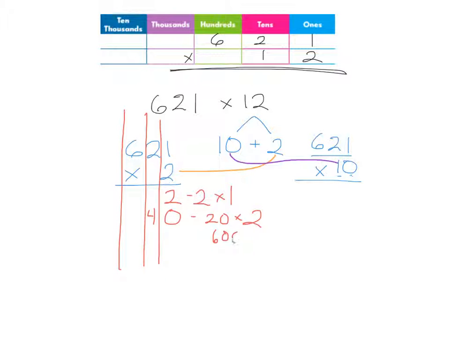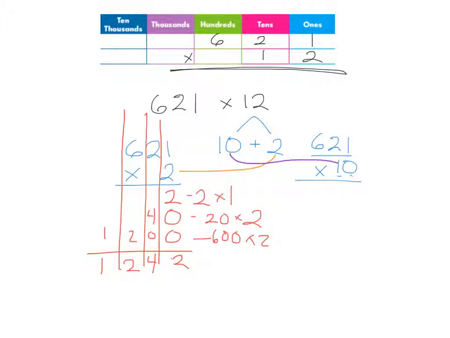We have 600 times 2 is 1,200. And then we'll add all of those place value columns together to get 1,242. So that is when we look at just this side of the 12.